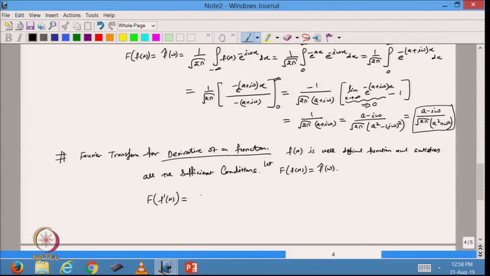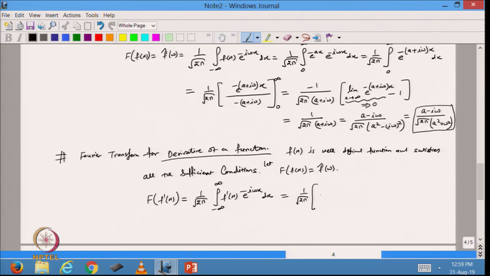So, let us do it. This will be equal to the integral from minus infinity to infinity of f dash x e raised to power minus i omega x dx. By the definition it should be this one. Now, I take the integration of this one by parts. I can take the first function as this one and the second function as this one.